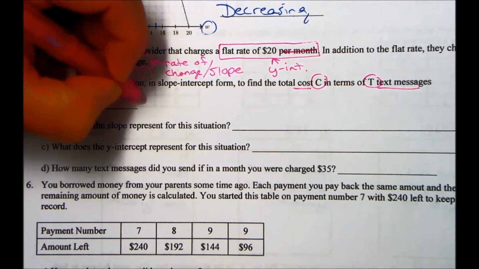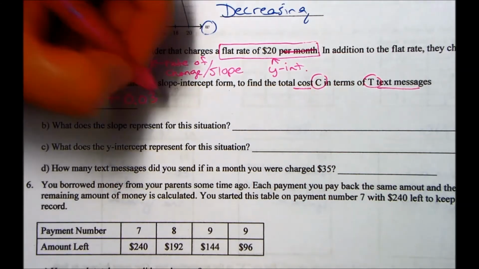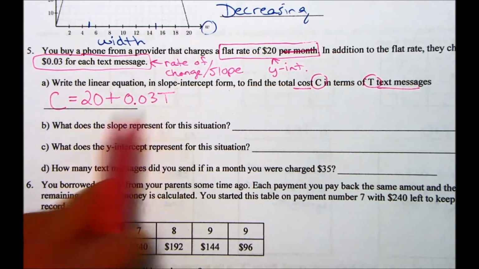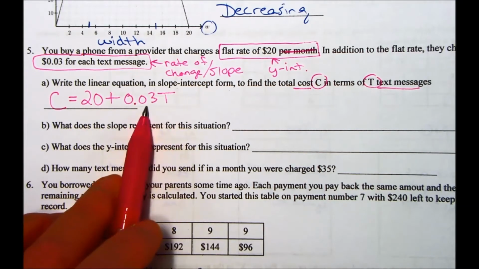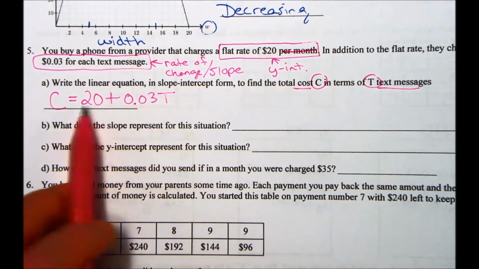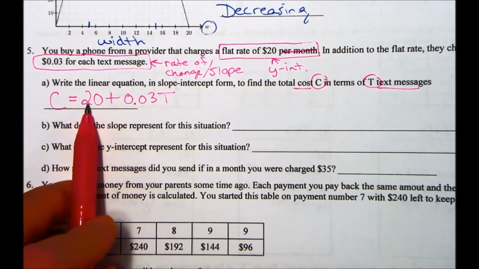You can put 0.03 for each text message. So we're going to multiply that 0.03 times T for our number of text messages. So don't get confused. Even though this is backwards, the number that's with your variable is your slope or your rate of change. The constant that does not have a variable, that is your y-intercept.